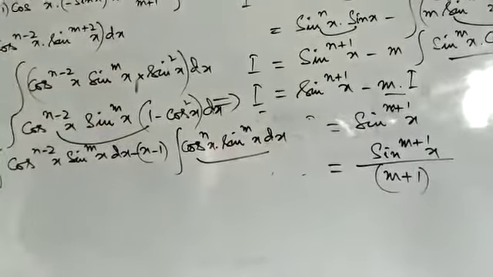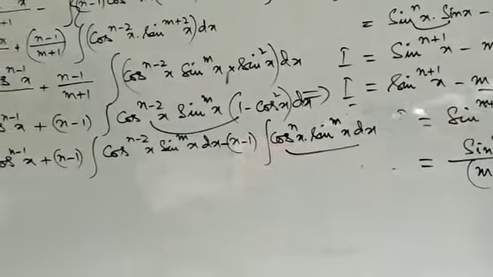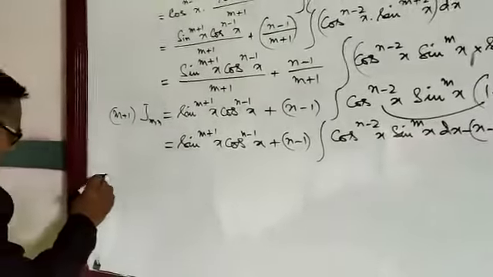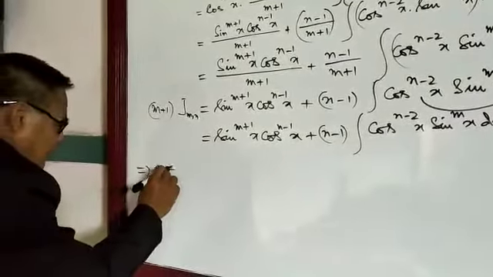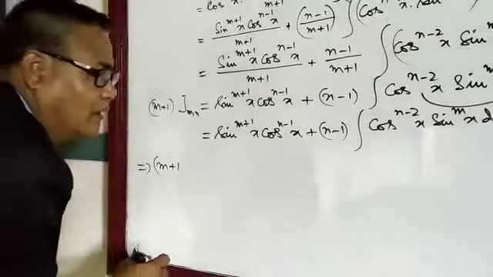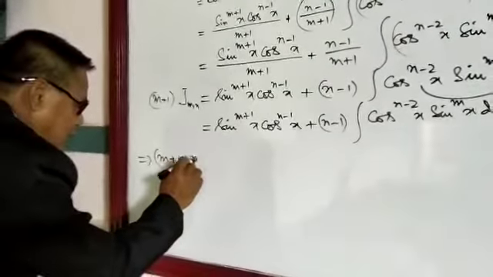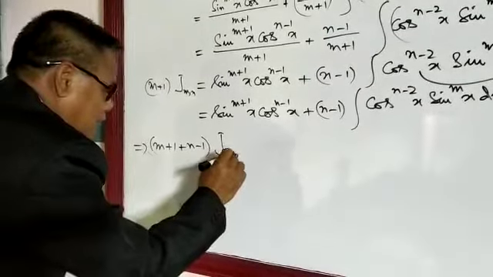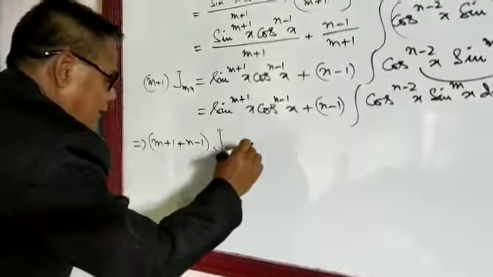That means this becomes the original integration, that is j of mn. Therefore, if you transpose m plus 1 plus n minus 1, j of this will become j of mn.